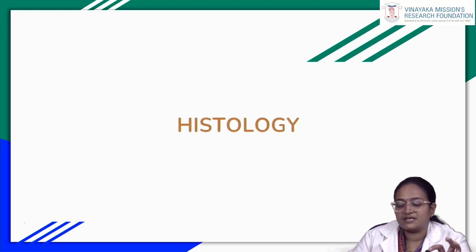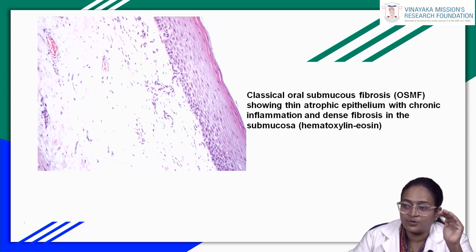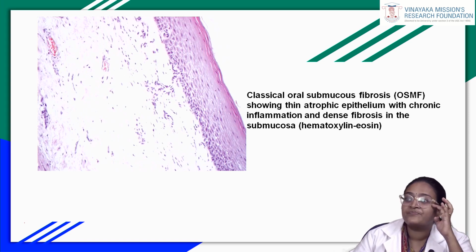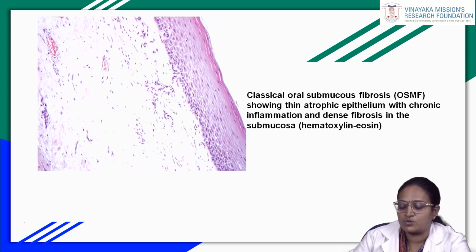Coming to the histopathology, you are able to appreciate the classic oral submucous fibrosis picture here, showing a very thin atrophic epithelium, chronic inflammatory cells and dense fibrosis in the submucosa.